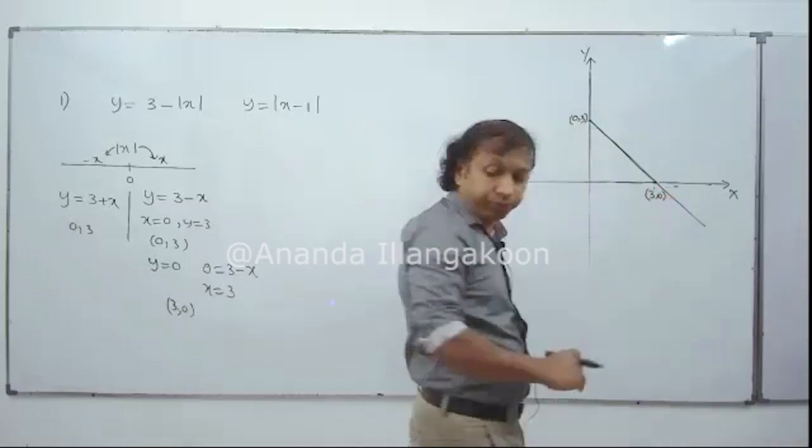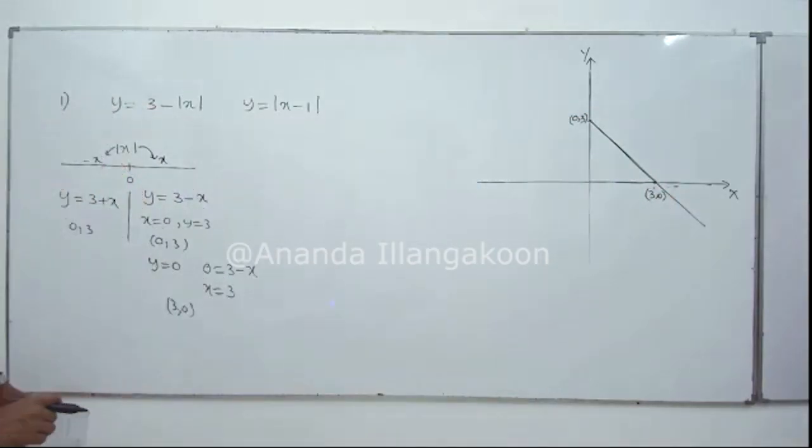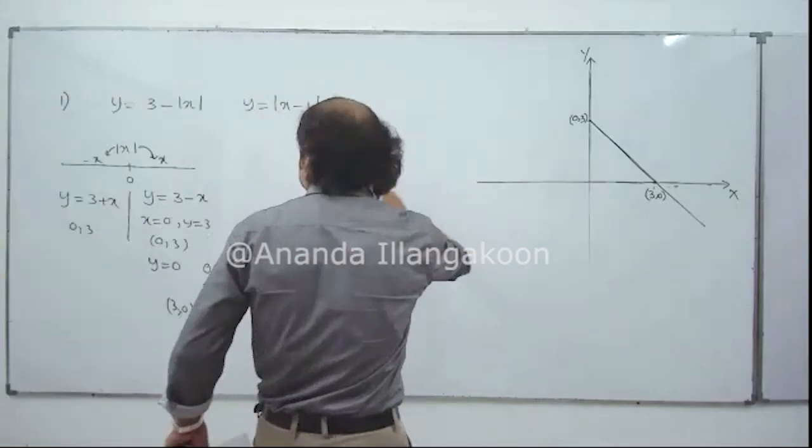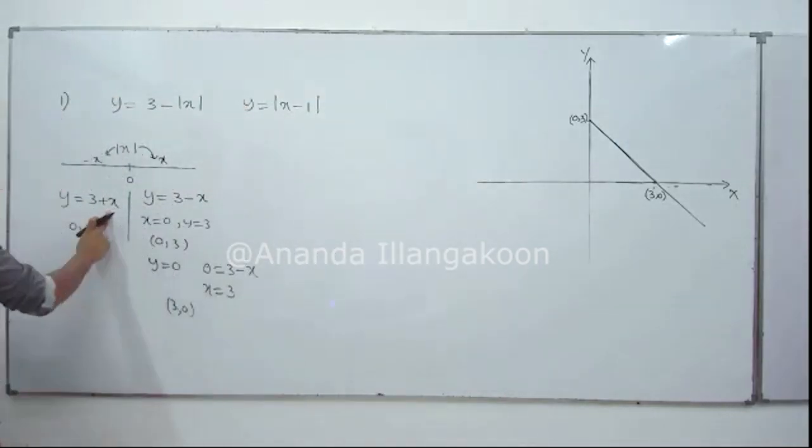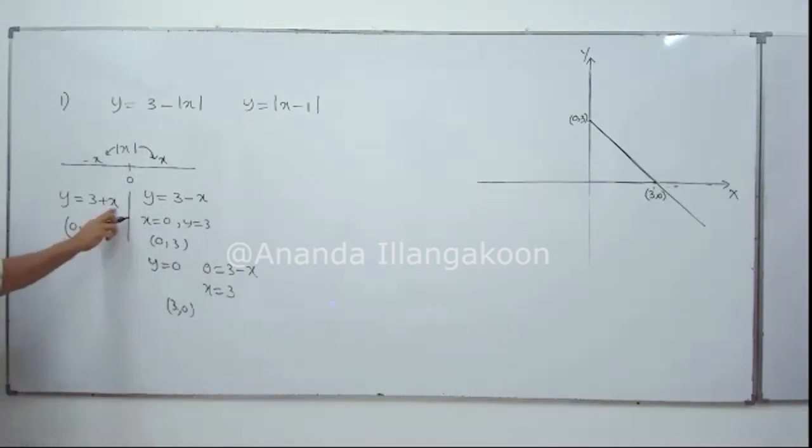And this part, this line now, here. One point, okay. Here put x as minus 3. When you put x as minus 3, 3 minus 3, y is 0. To draw these two lines, we need 2 points.